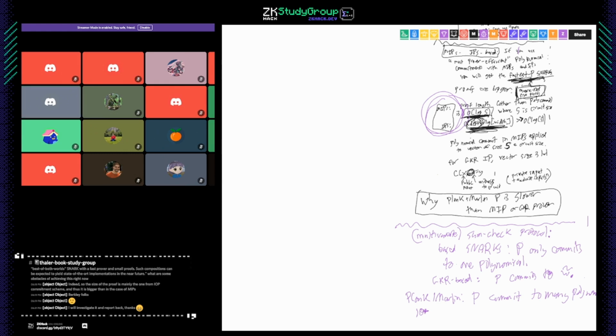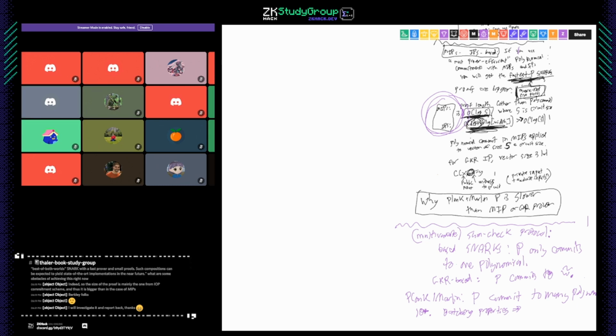Now, a lot of these polynomial commitment schemes have really nice batching properties, which basically means the verifier doesn't actually need to independently evaluate each of the committed polynomials at a different point.